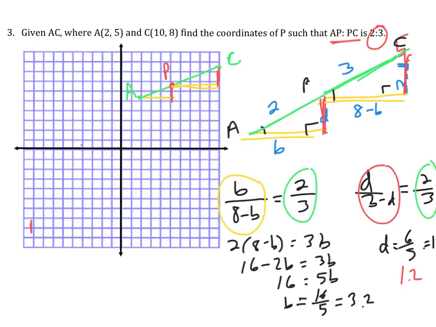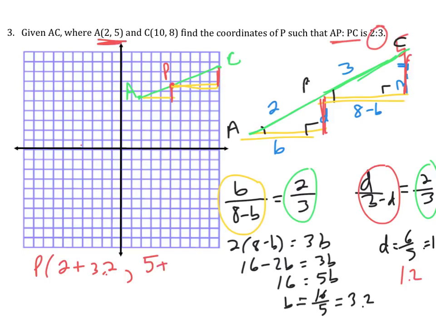So P is actually going to be the x-coordinate of A, which is 2, plus my B value, 3.2, comma, and then my y-coordinate of A, which is 5. I'm getting that straight from here, guys.